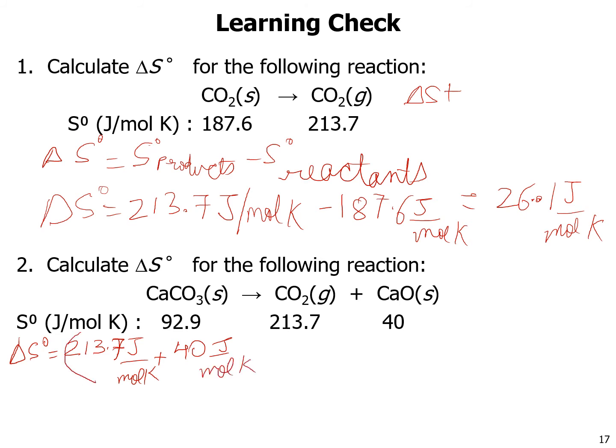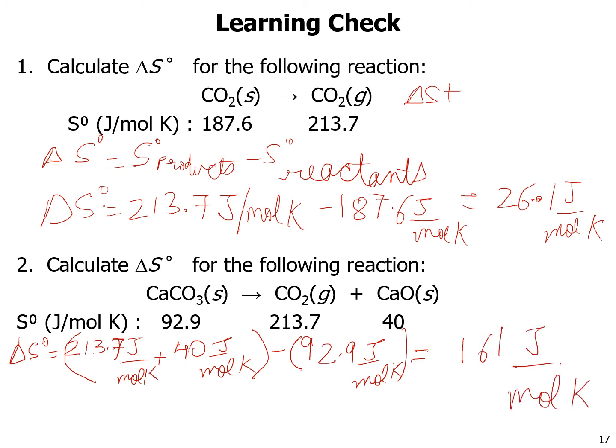We take the sum of our products minus the sum of our reactant, which is 1 mole, so 1 times 92.9 joules per mole Kelvin. So it's product minus reactant, which gives you your final answer as 161 joules per mole Kelvin.